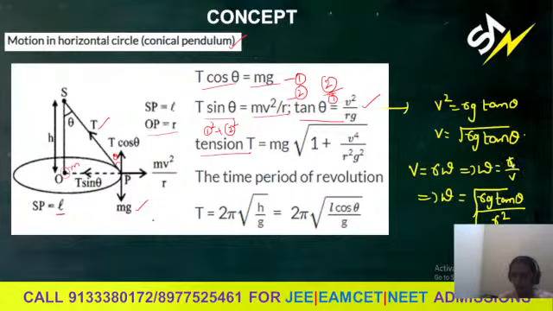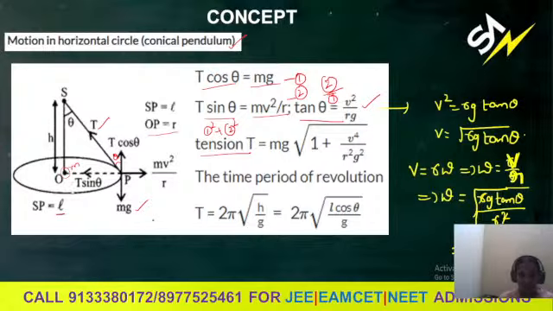Omega is equal to v by r. Now r is taken under the root, so it will be r square. So omega is equal to under root of g tan theta by r.